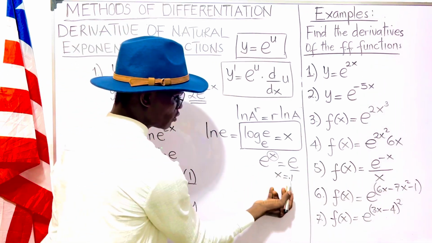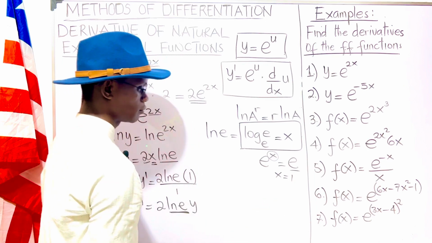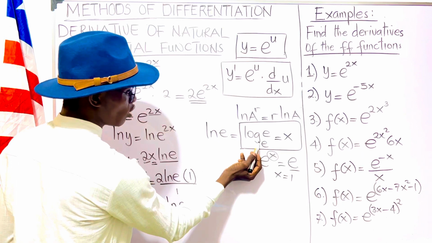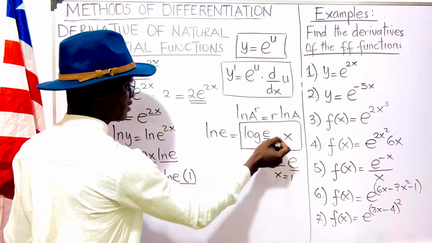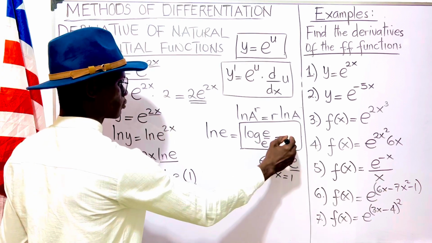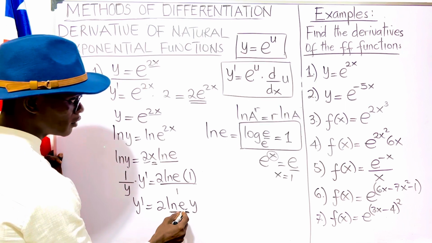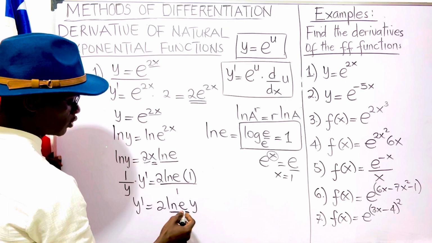So when x is equal to 1, e raised to the power x equals e. Based on that, when the base of the logarithm is e and the argument is also e, it is just equal to 1.